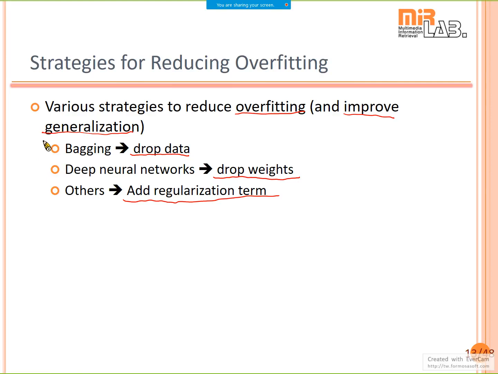So here we have 3 different strategies for reducing overfitting. In particular, when we talk about XGBoost, we need to put a regularization term into the objective function in order to control the complexity of the boosting trees.